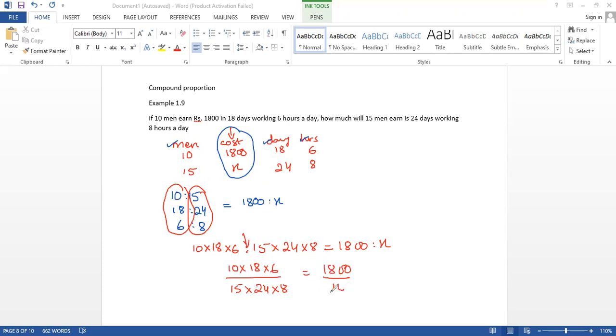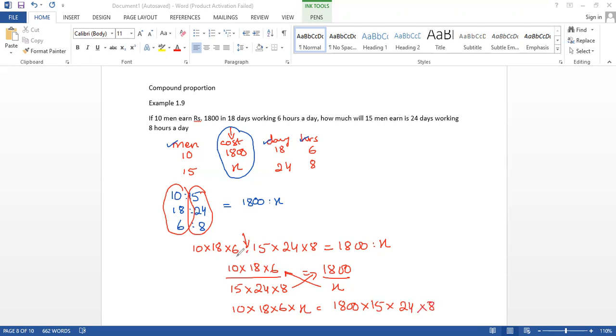Okay, now that I have to convert it in terms of x, if I cross multiply over here, this is going to multiply here, and this is going to multiply here. That means I'll have 10 times 18 times 6 times x is equal to 1800 times 15 times 24 times 8.